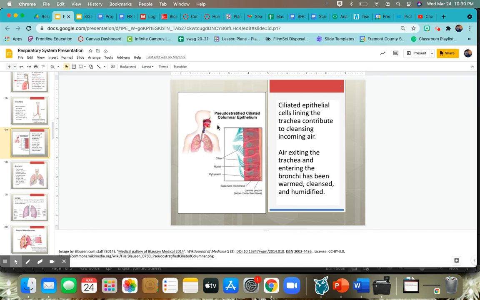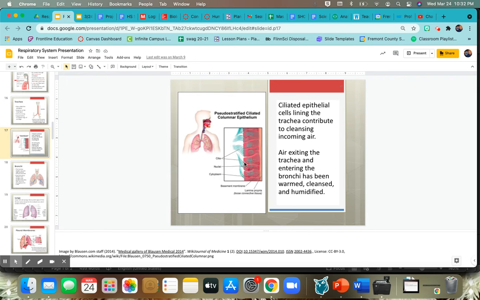Then we have ciliated epithelial, or skin cells, that line the trachea, and that contributes to cleansing incoming air. The purpose of these epithelial cells with little hairs, cilia, is to cleanse, warm and humidify the air that comes through the trachea and into the bronchi of the lungs.